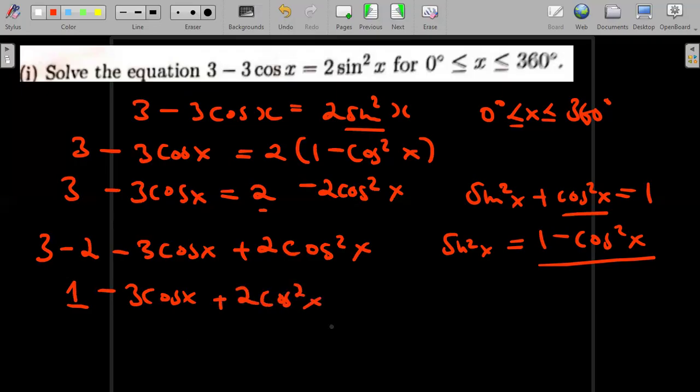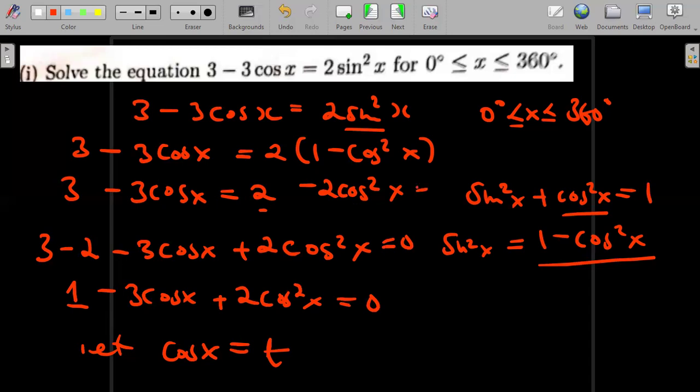At this point, I can let cos x equal to t, such that I am able to solve this as a quadratic equation. So this side is equal to 0.